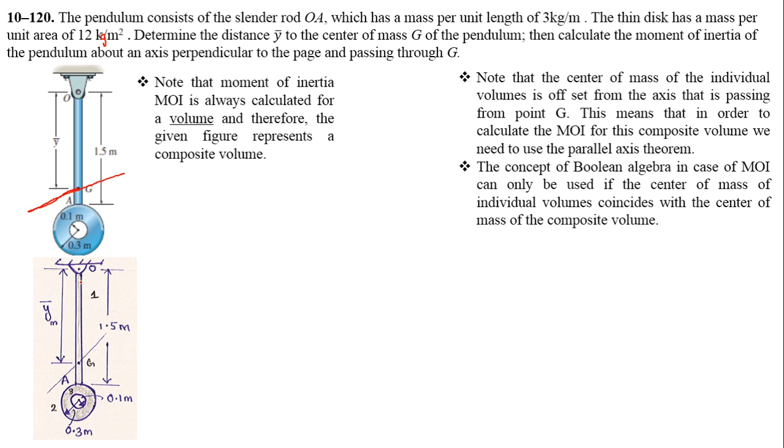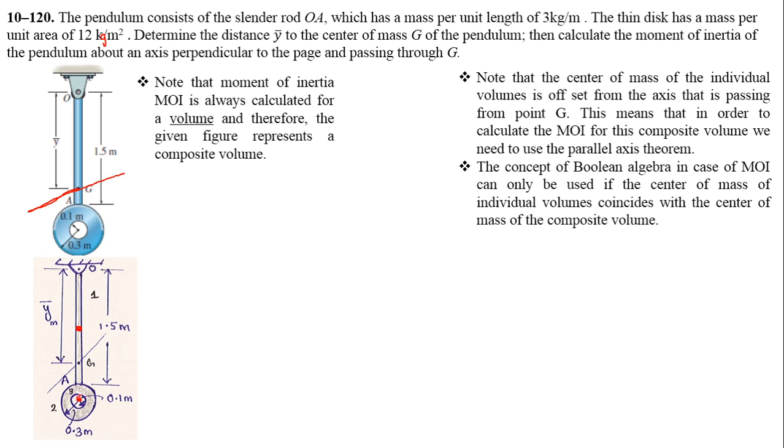And the center of mass of these individual volumes, these constituent volumes, they have their own center of mass. Okay, so they have different center of mass compared to this G. So this G is the center of mass of this entire volume. Okay, but of course we know that the center of mass of this rod maybe lies here, and the center of mass of these disks will lie at their centers.